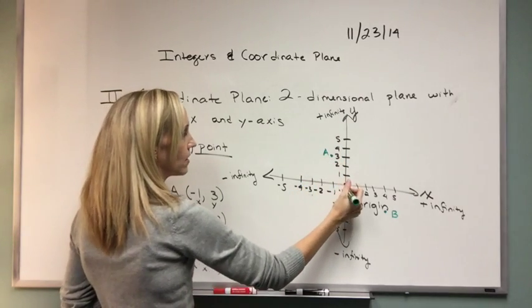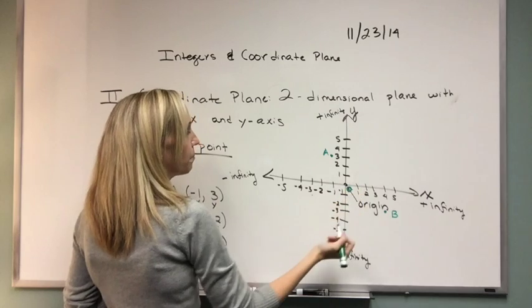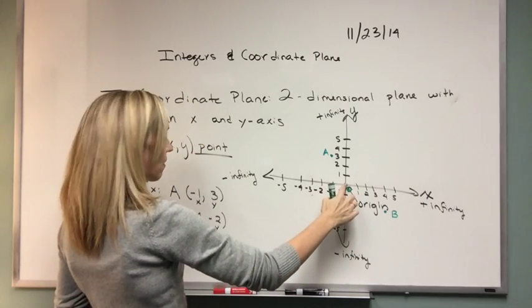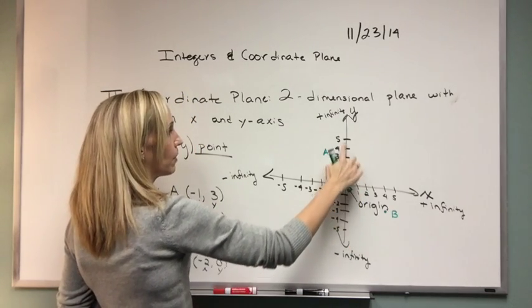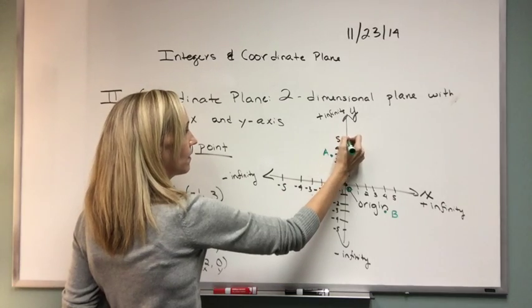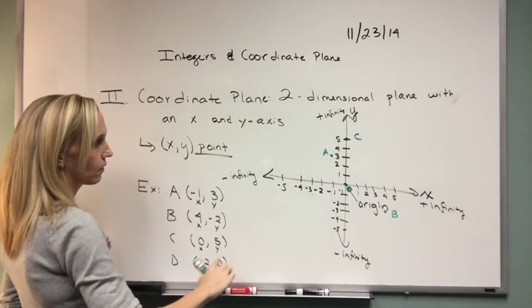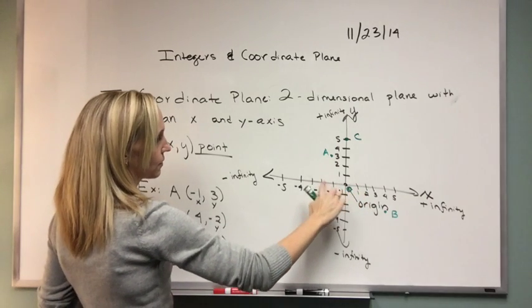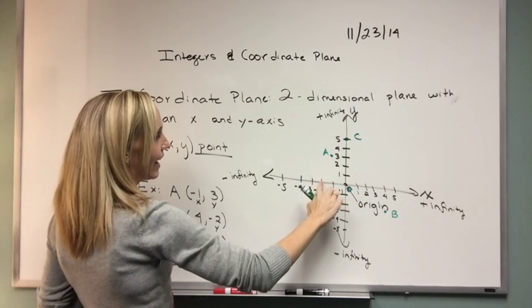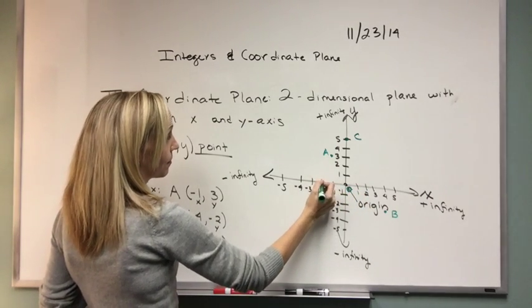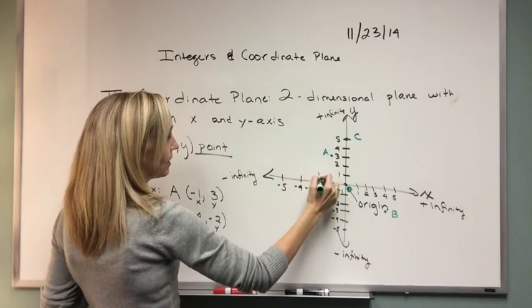Well, right here. This is a big fat 0 for both of them. So x equals 0 here, so I'm not going to move, but I'm going to go up to where y equals 5, and that gives me C. And then I'm going to do -2, 0. So go to where x equals -2. Again, 0 here, I'm not moving, so that gives me D.